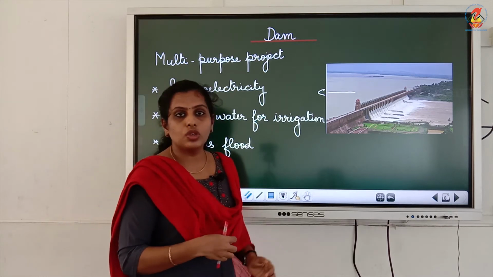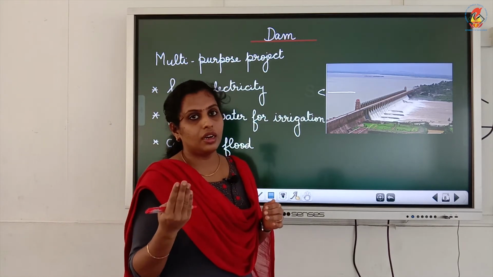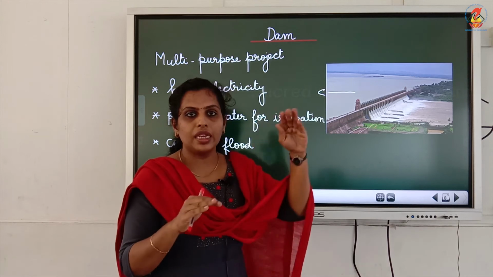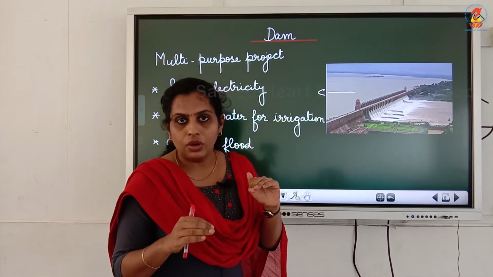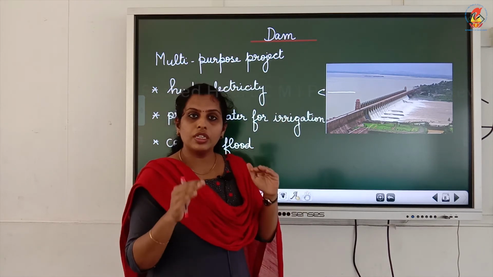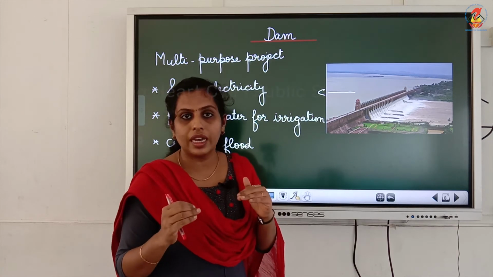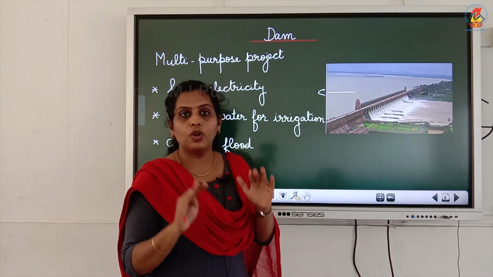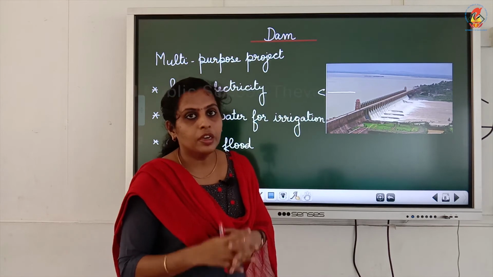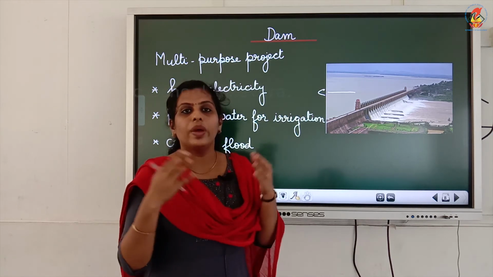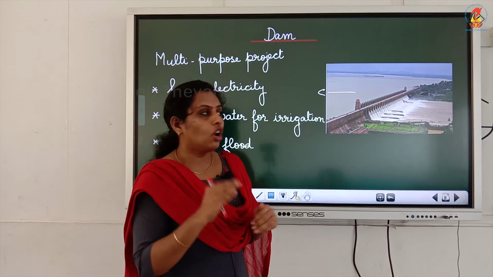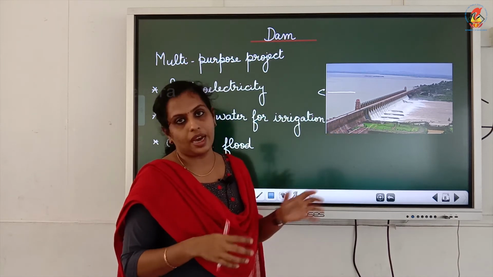Okay, during monsoon season, as I said earlier, the dam should always maintain a level of water. So before monsoon season itself, they will keep a space for storing the rainwater. So during monsoon season, when the rain starts, they collect all the rainwater in this dam.